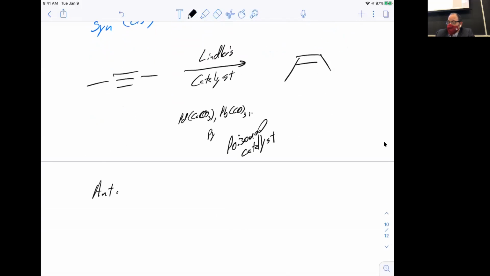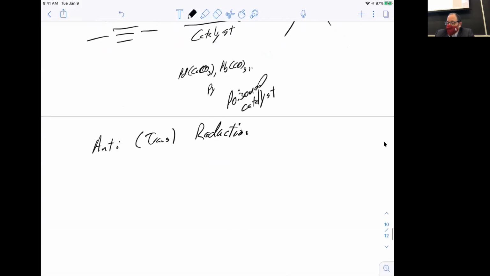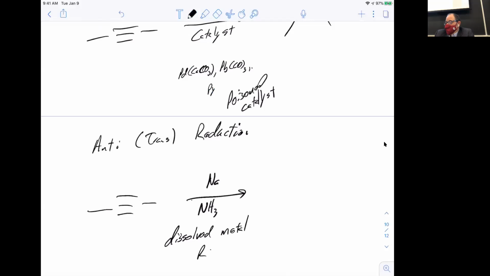For anti-addition, or the trans product, I need something that is going to add hydrogens to opposite sides. I do that with sodium in amine. This is called the dissolving metal reaction, because the sodium is actually dissolved, and that gives me the trans.